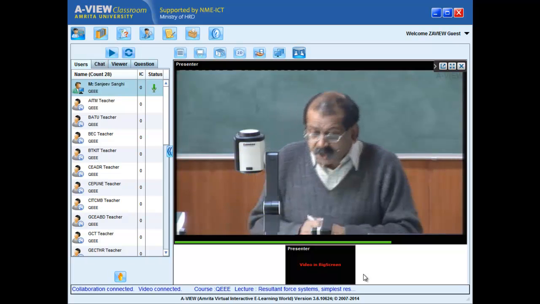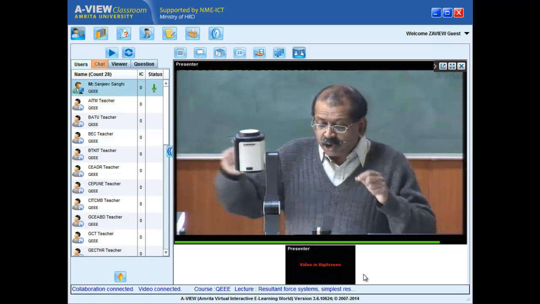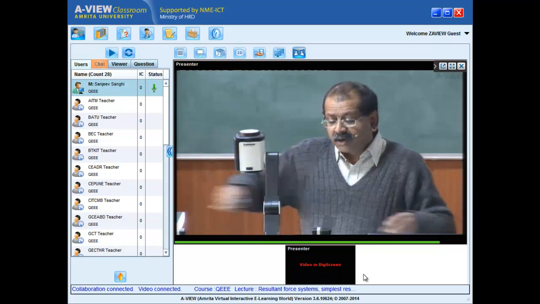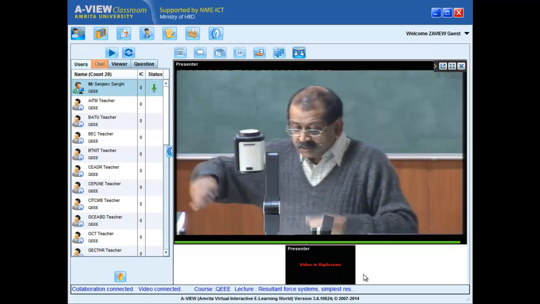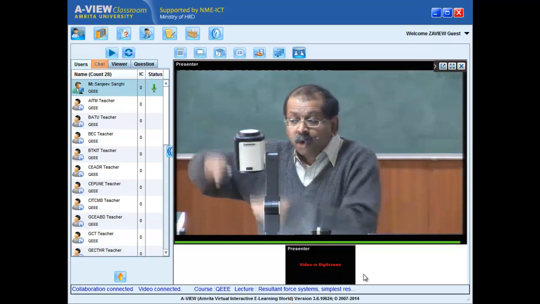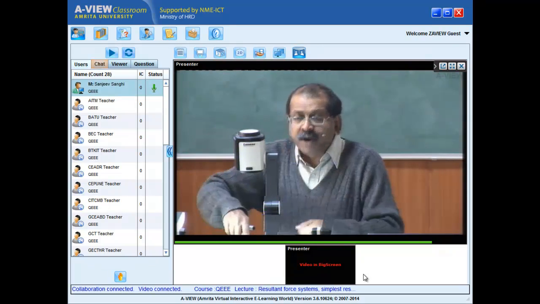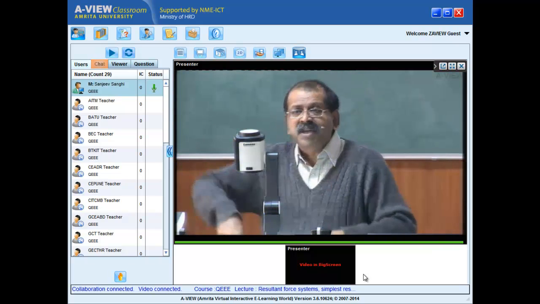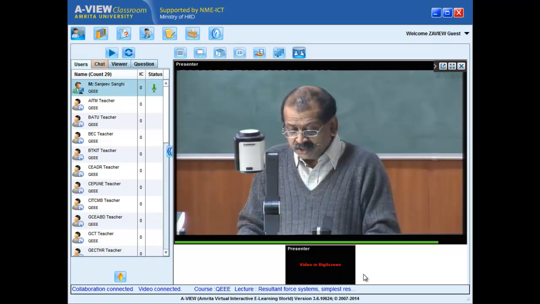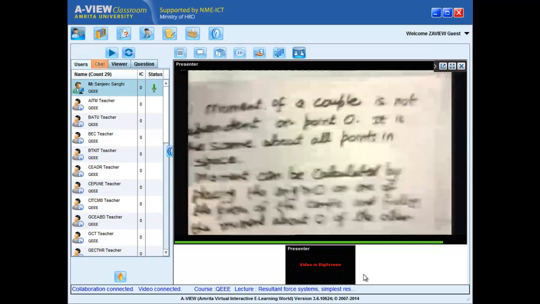And we can calculate the moment by placing the origin on one of the forces: we just take the moment about point O, which is on one of the forces, find the moment due to the minus F about this point, and that will give us the moment of the couple.